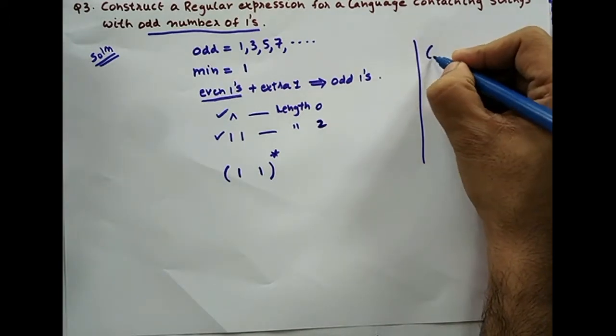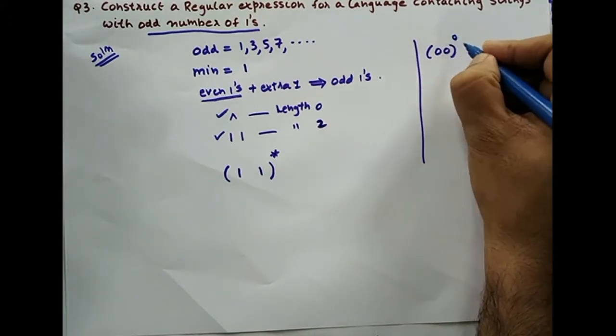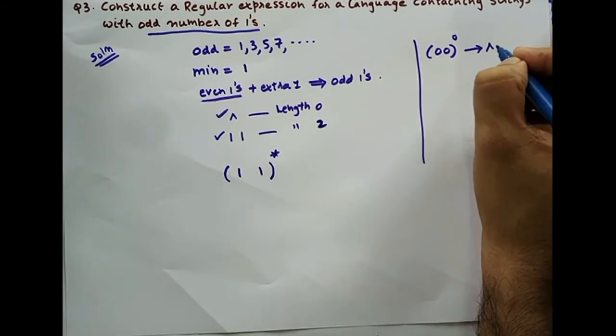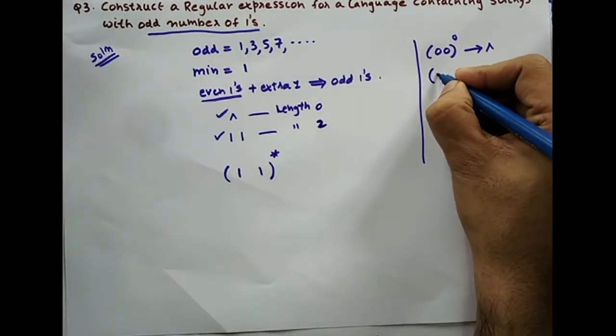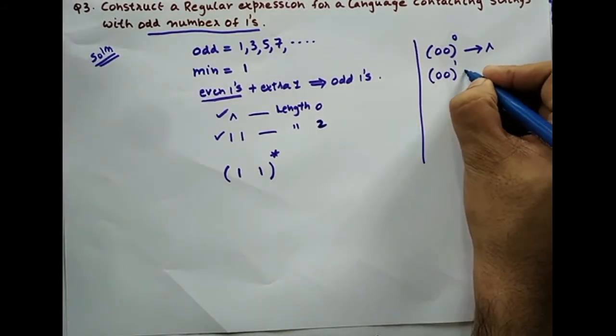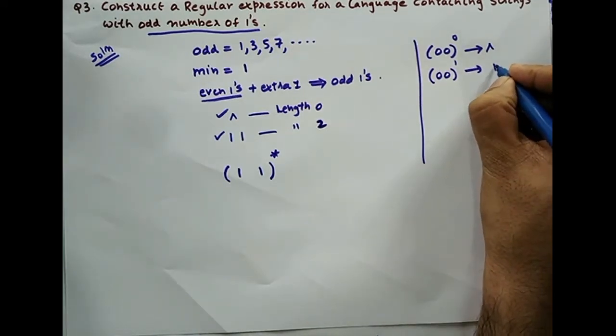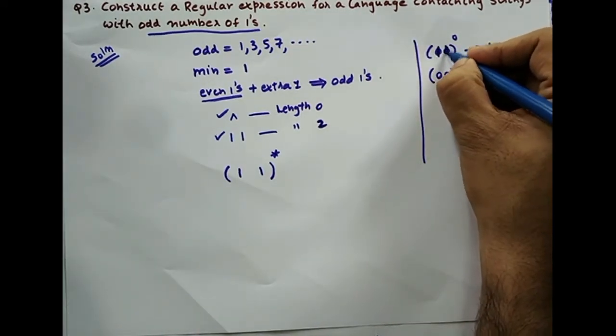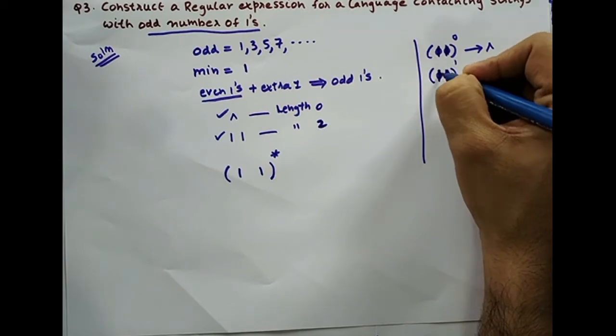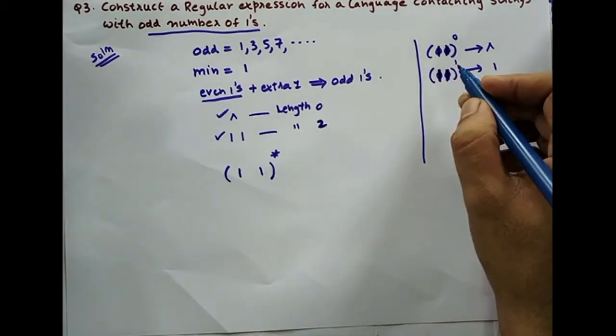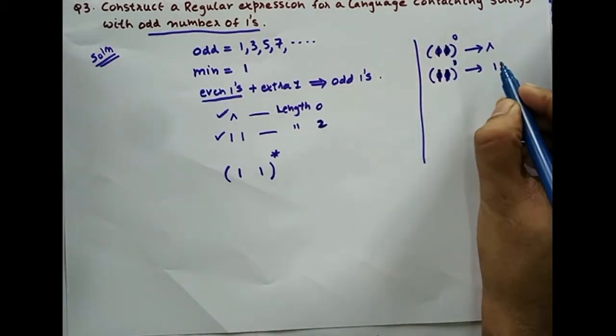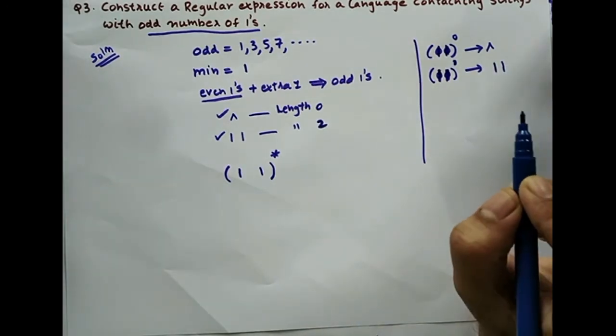So when this sub expression 1 1 is repeated 0 number of times, it is going to give me null. When this same sub expression is repeated 1 number of times, it is going to give me exactly 2 ones.